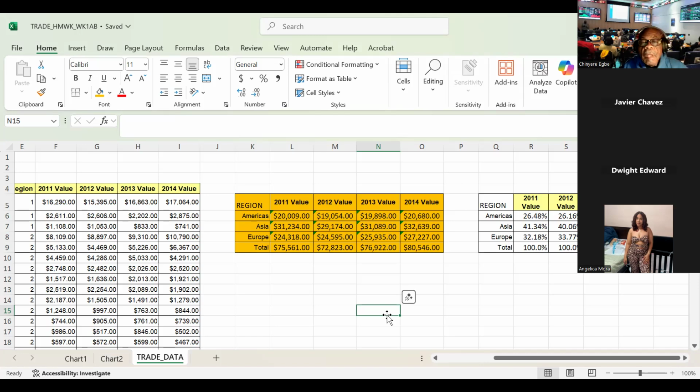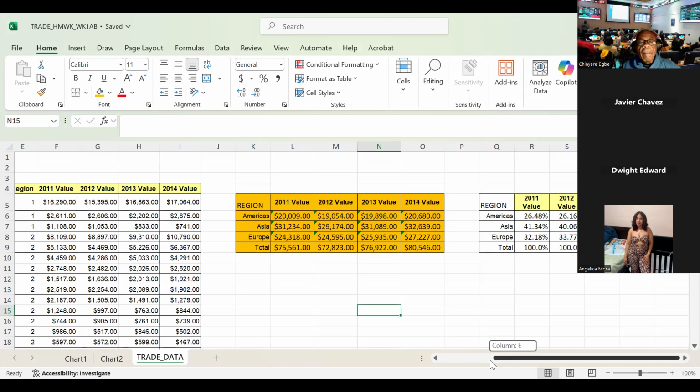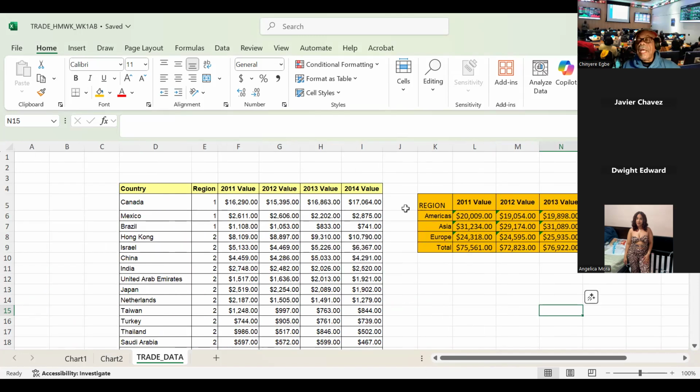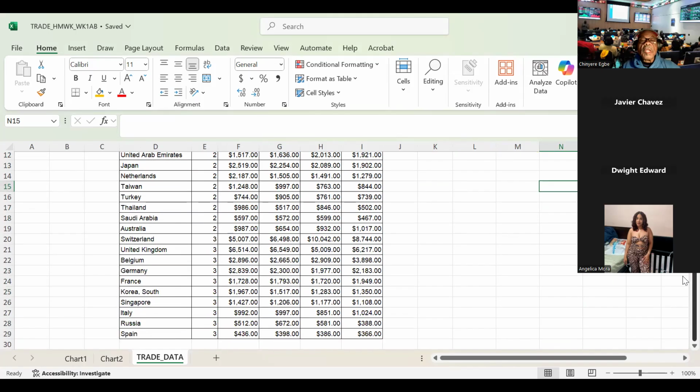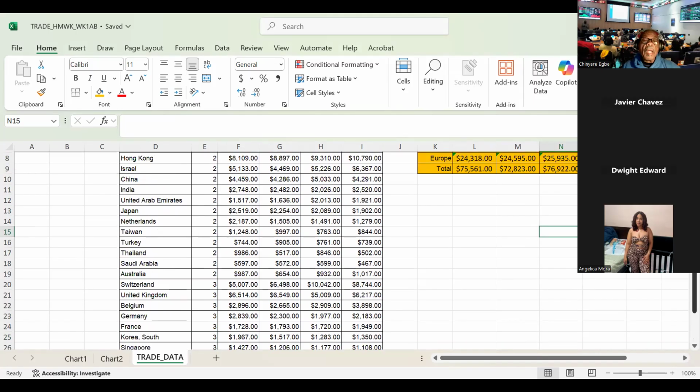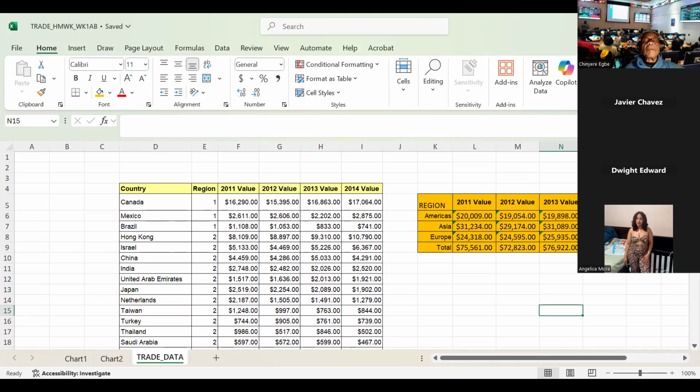You can say that. But when you're looking at this sea of data here, this original table, remember that it could be longer than this. It's usually longer than this. It could be 500 lines long, it could be 1,000 lines long. It could be so many more years than 2011 to 2014.